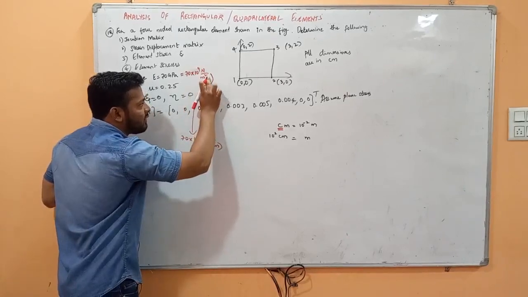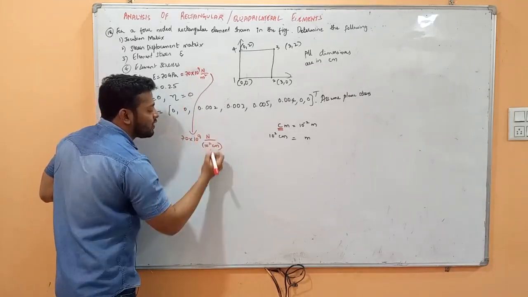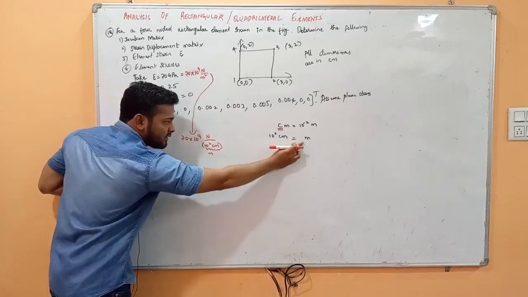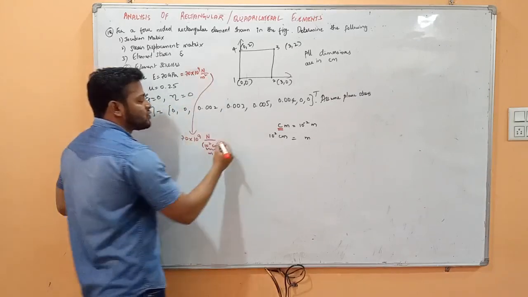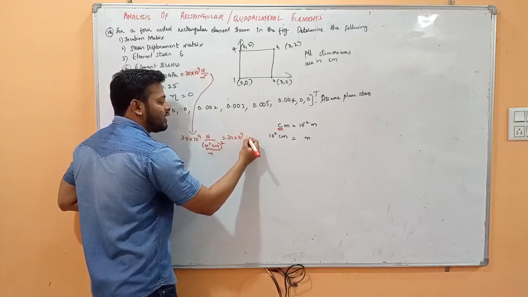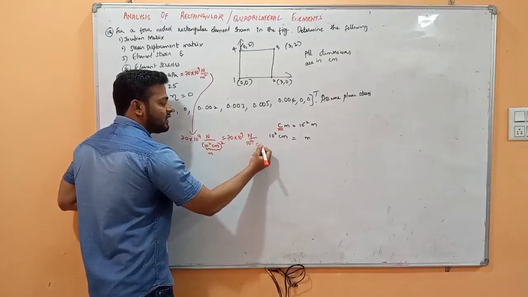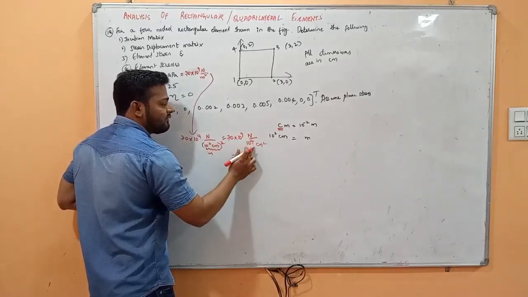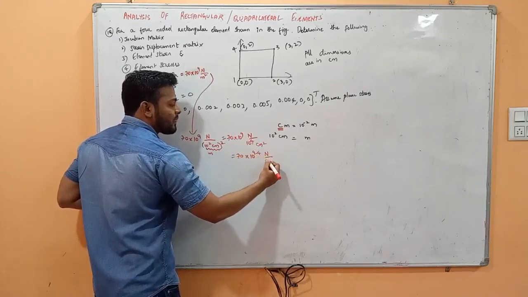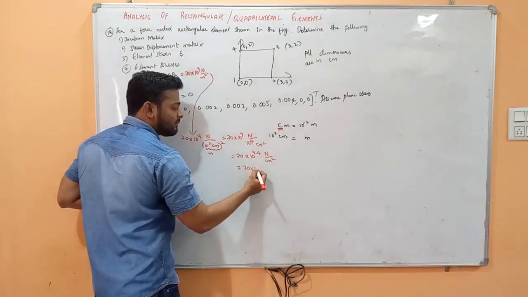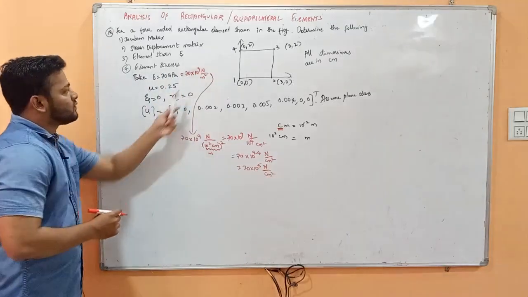On this meter you have power 2, so power 2 as it is. So 70 into 10 power 9 Newton by 10 power 4 centimeter square, since 2 2s are 4. If we take this 10 power 4 to the numerator, this becomes 10 power 9 minus 4, that is 10 power 5. So that is 70 into 10 power 5 Newton per centimeter square. So this conversion I have done here.